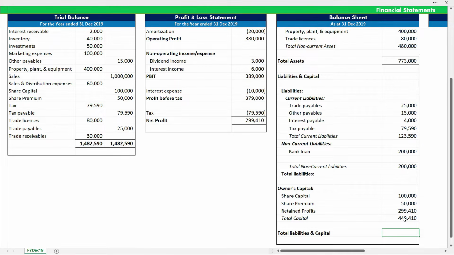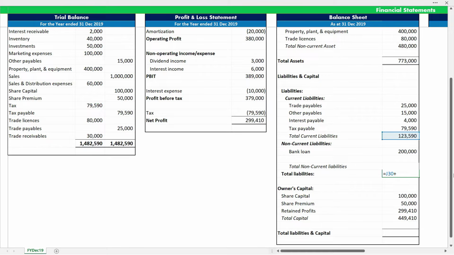And finally, let us add together the total of, okay, before I add together the total of liabilities and capital, I forgot to calculate the total of liabilities. That should basically be the total of current liabilities and the total of non-current liabilities.